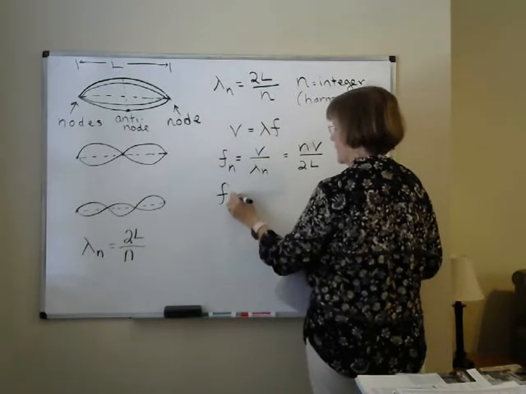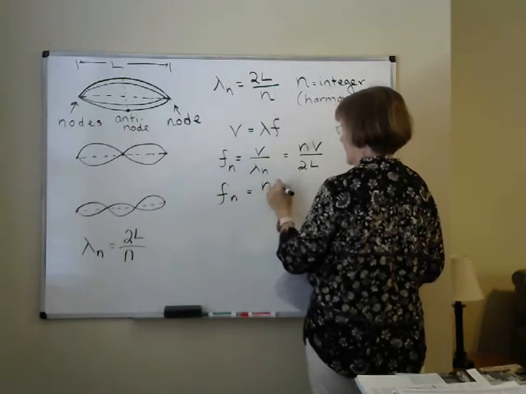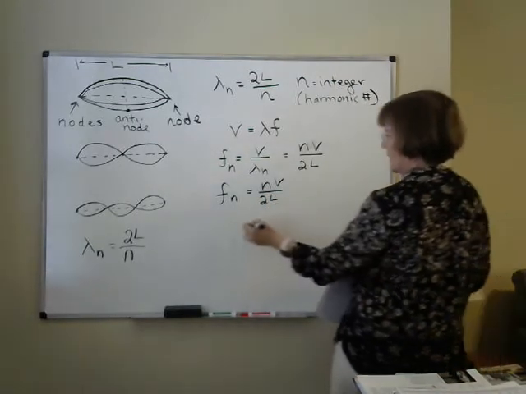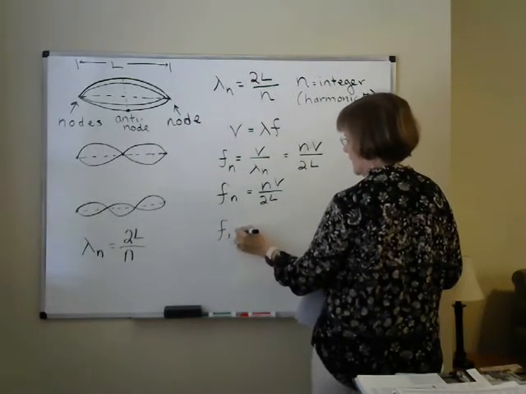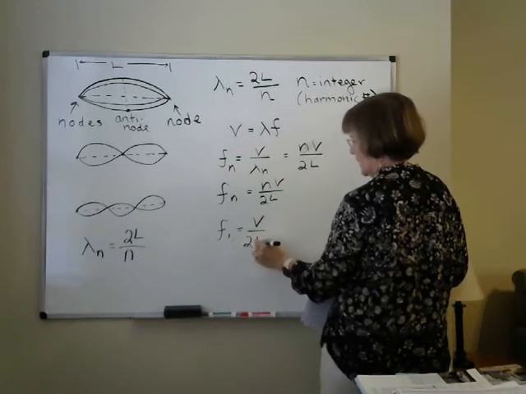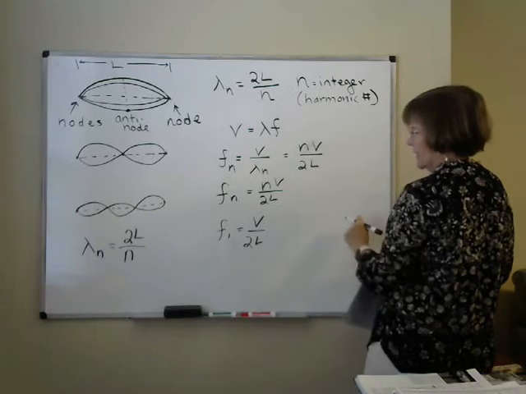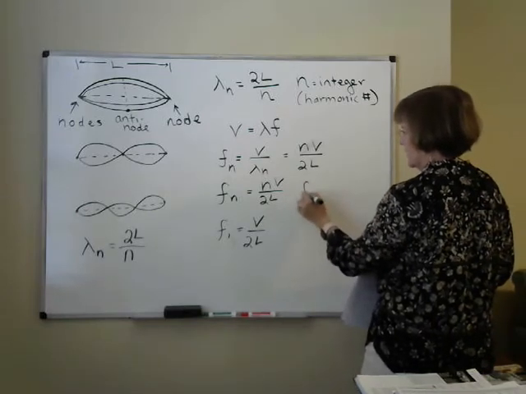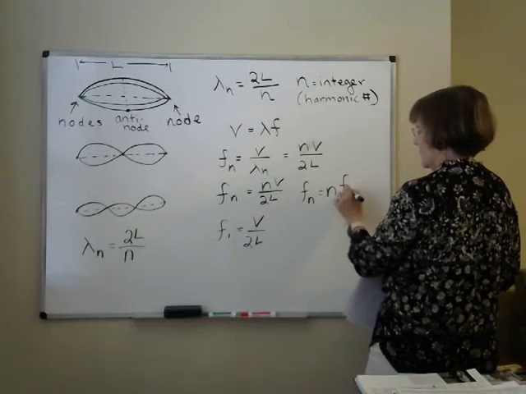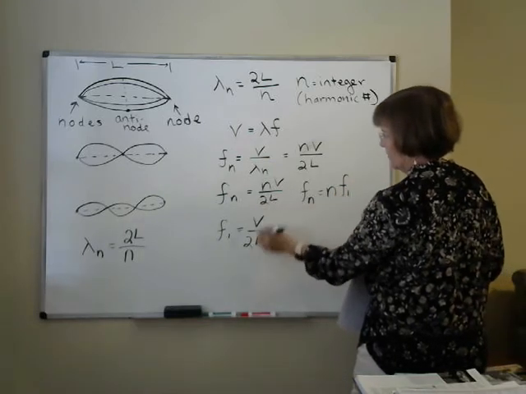So for any frequency, that would look like the formula. But think about it. F1, if I put the 1 in, is V over 2L. Fn is simply n times f1. You see how that's f1, V over 2L?